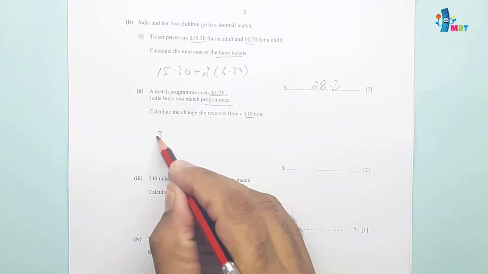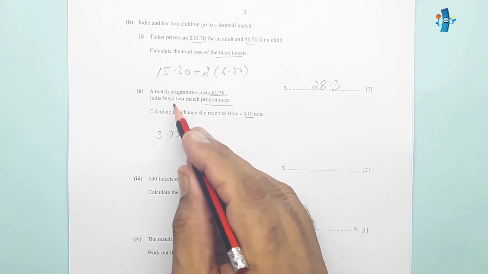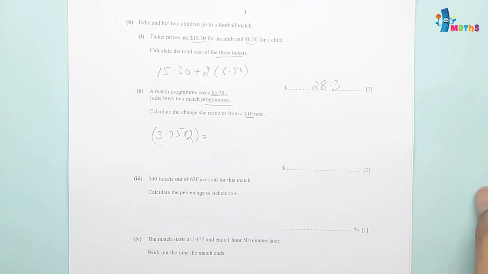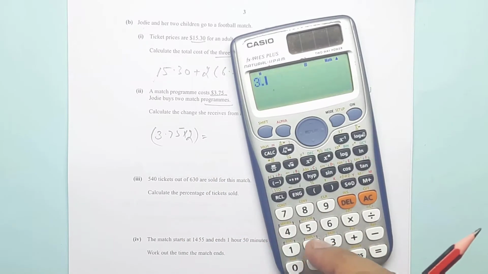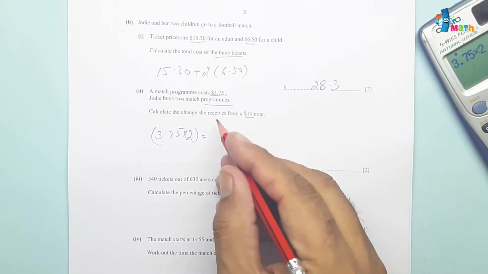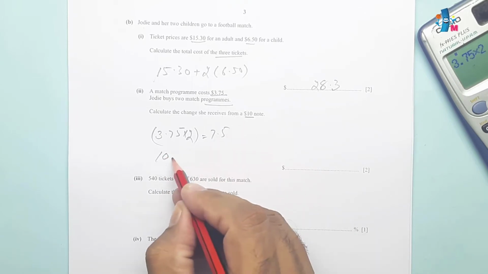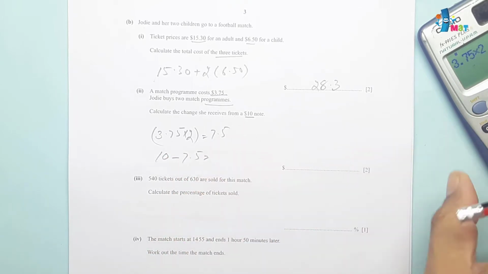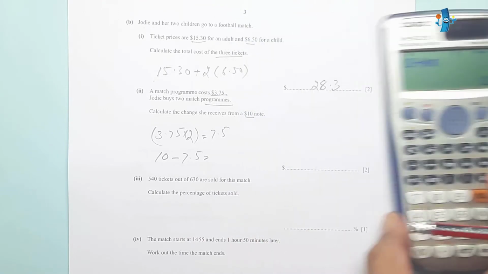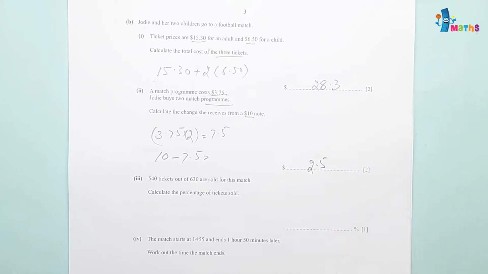So 3.75 is the amount she paid, and for 2 programs it's multiplied by 2. 3.75 multiplied by 2 will be equal to 7.5, and she has paid with a $10 note, so 10 minus 7.5 will be equal to 2.5. So she will receive change of 2.5.